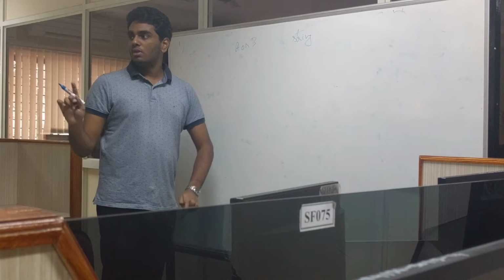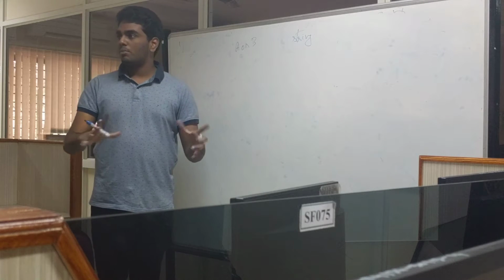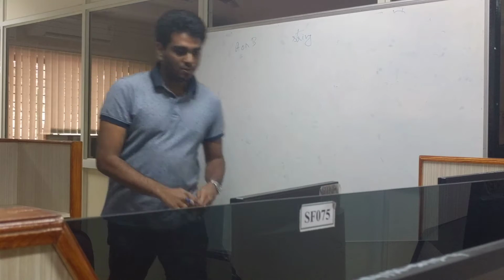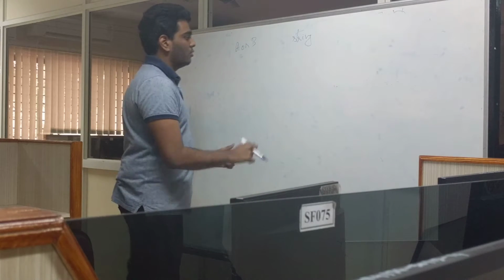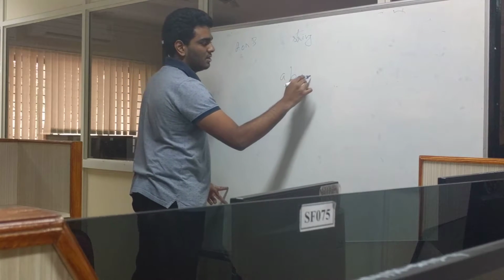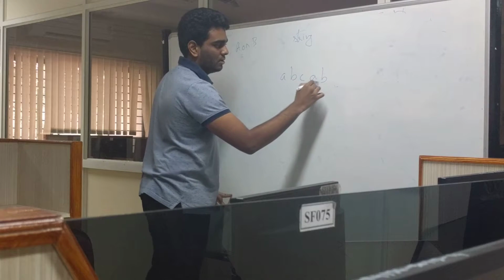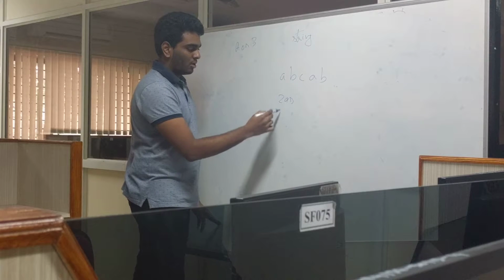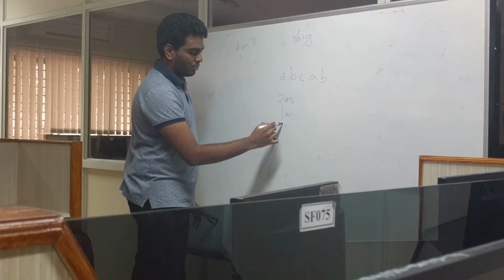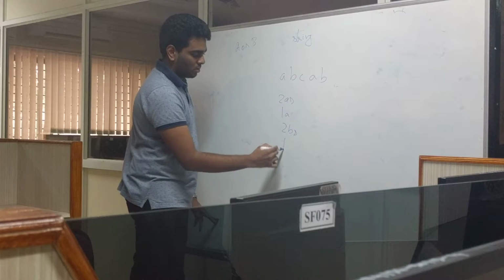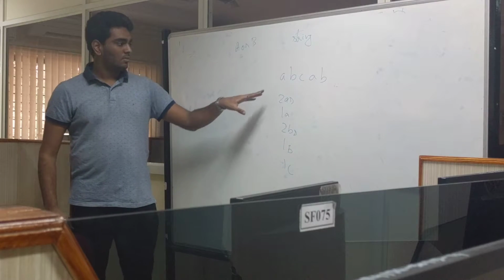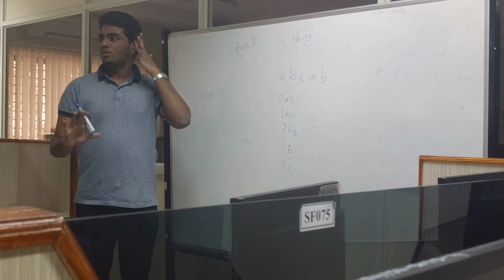In one move, A can remove a certain number of alphabets of the same kind. So if I give you A, B, C, A, B, in one move, A can remove 2 A's, or 1 A, 2 B's, 1 B, or 1 C. The player who can't remove anything loses.